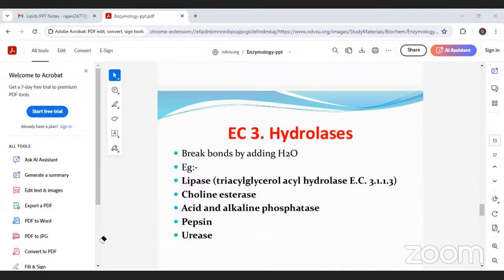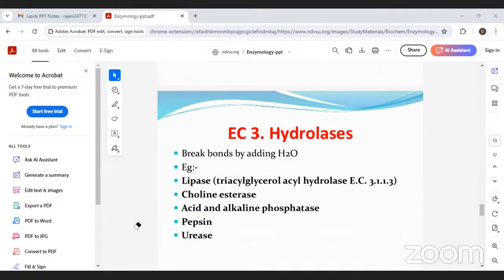What are they? Kinases, desmolases, dehydrogenases, oxygenases, transaminases, carboxylases, hydrases, flavoproteins, peroxidases. These are the properties. Next, the IUPAC system of classification.